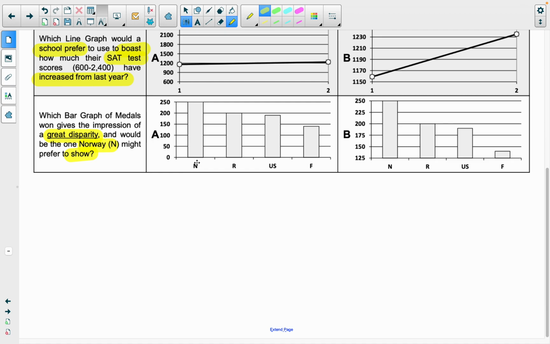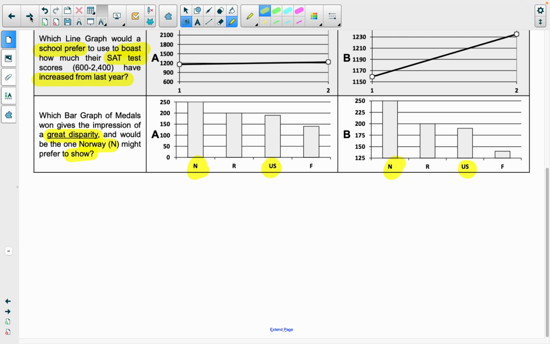So you're Norway, here's Norway, and Norway wants to show that, you know, obviously in both graphs they had the most number of metals, but which one shows the biggest disparity, biggest difference? If they want bragging rights and they want to say, look how much more we had than, say, the United States, okay? We want the one that has the biggest disparity. Disparity is like difference that shows it.